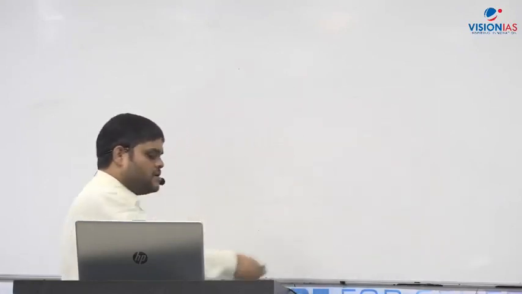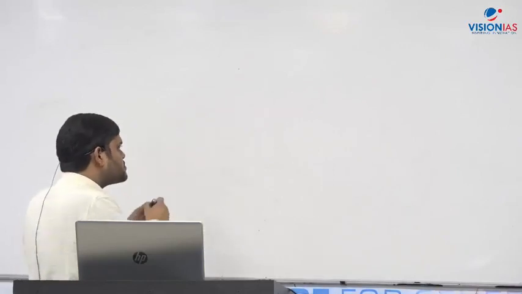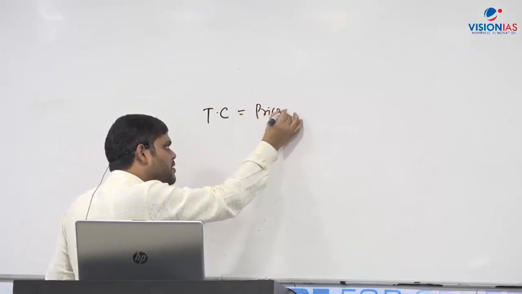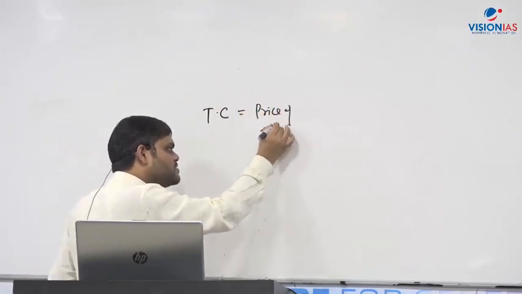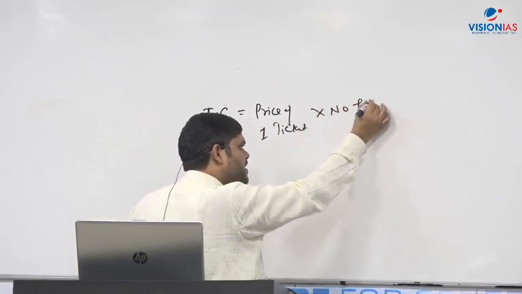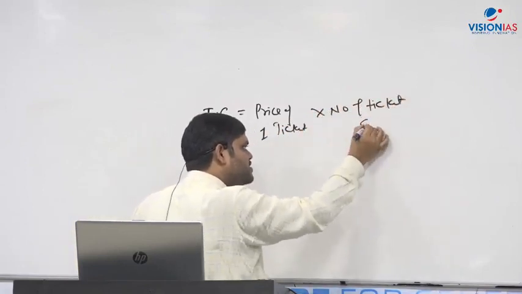What is the question? Total collection is price of one ticket into number of tickets sold. We have seen this thing yesterday.